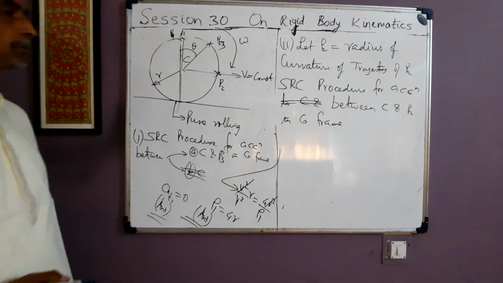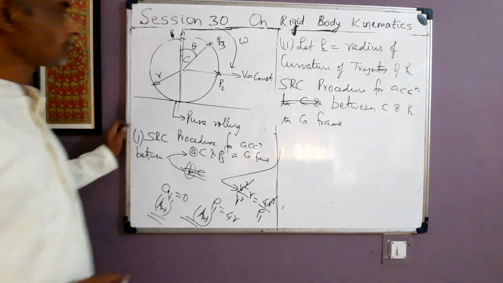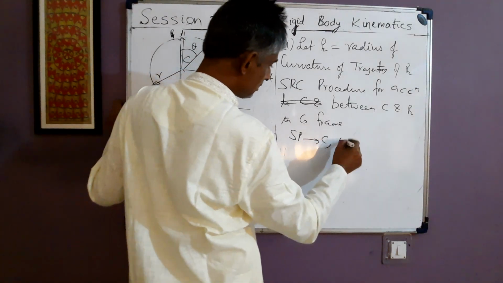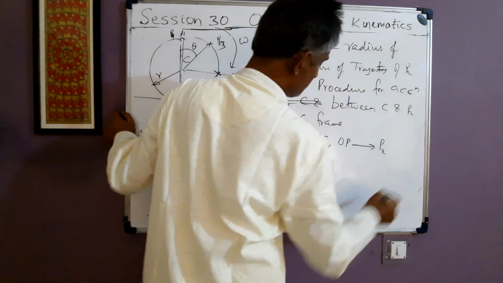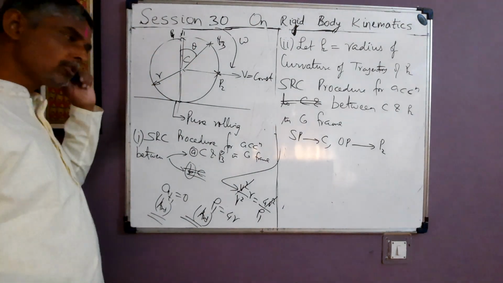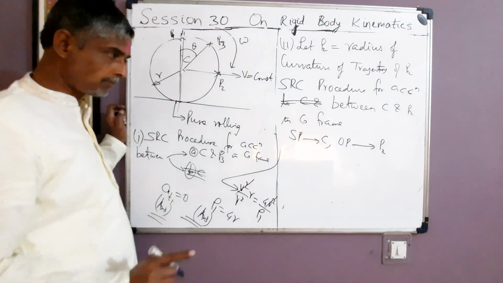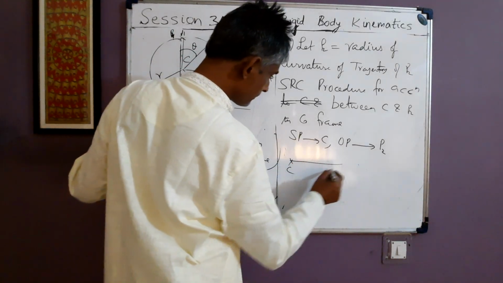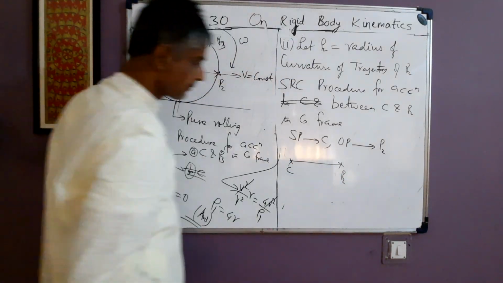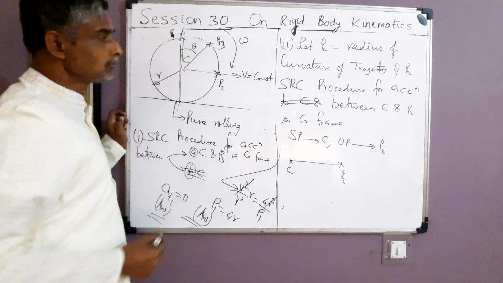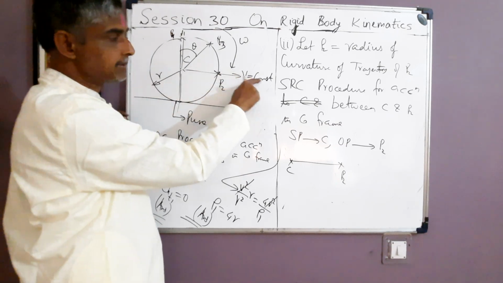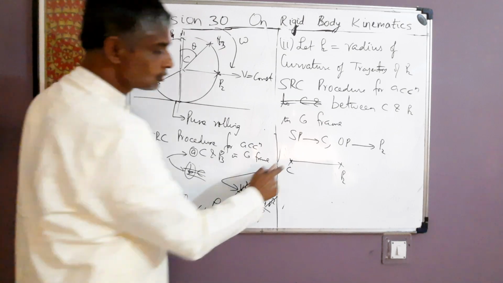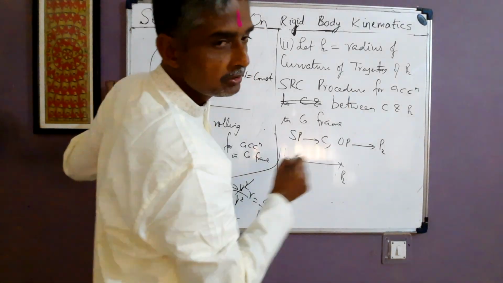SP arrow C, OP arrow P2. I draw the line joining C and P2. I give the acceleration of C to P2. But C moves in a straight path with respect to ground at constant speed V. Therefore, acceleration of C with respect to ground is 0. So I don't give anything to P2.